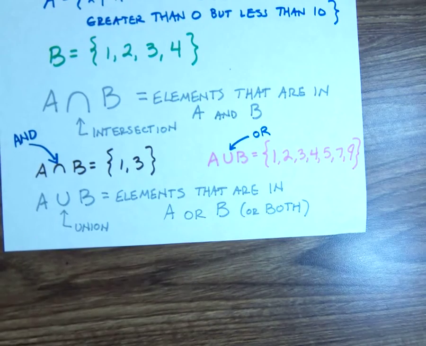What's all the stuff that's in A or B? And means only the stuff that they have in common. Or means mash them together, it's everything included. These words and, or are going to come up over and over again as we do compound inequalities. You will be seeing lots of and, or.